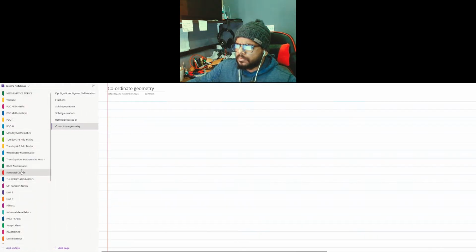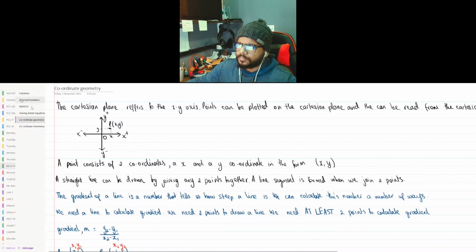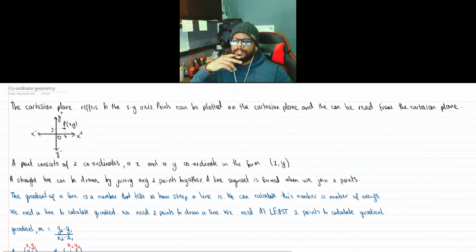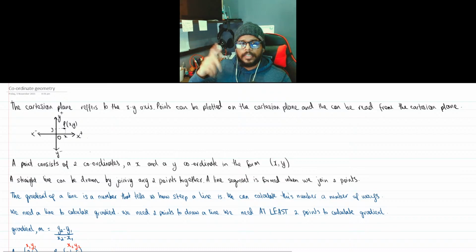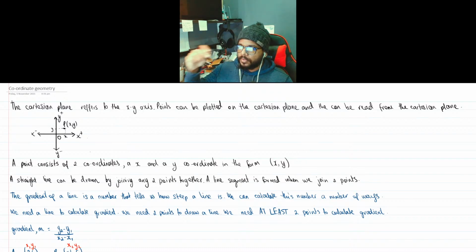So we could just use the notes from my last class. Here, the Cartesian plane refers to the xy axis, and points can be plotted on the xy axis, and they can be read from the xy axis. Now remember, xy axis and Cartesian plane are the same thing.